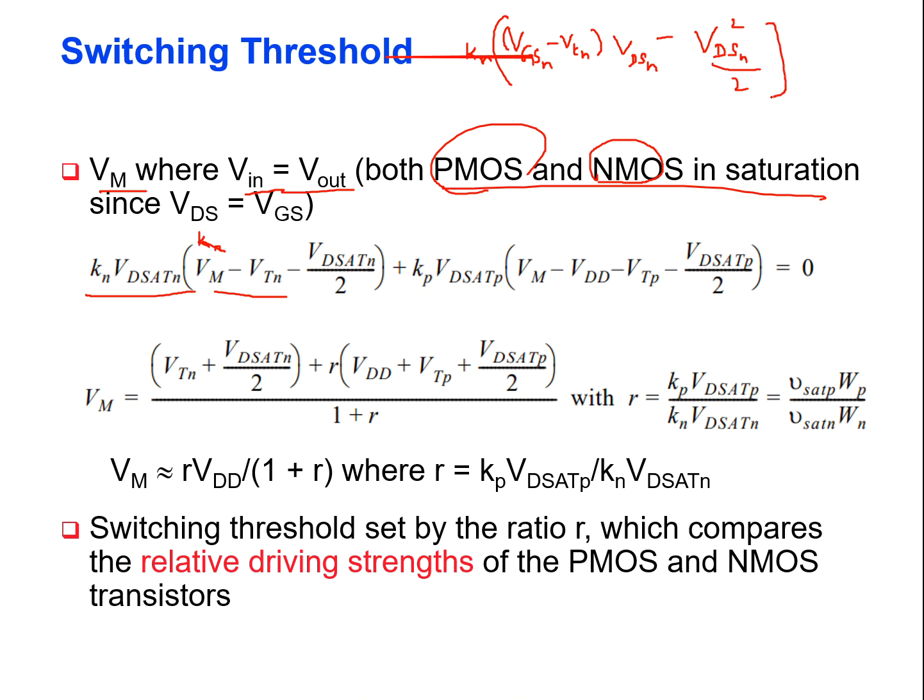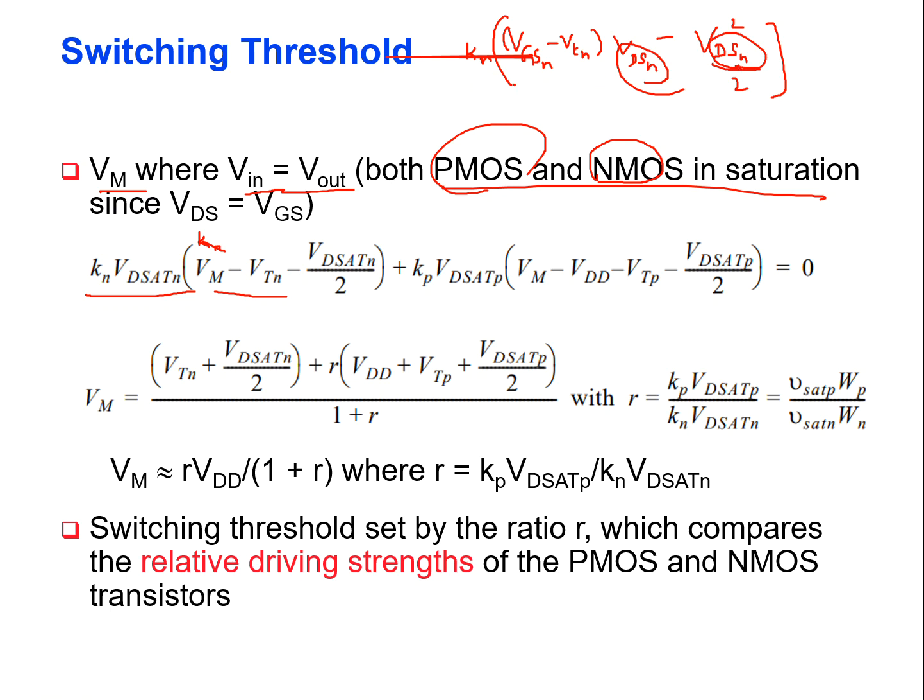Now as both are in saturation, this one is for non-saturation, right? For saturation, this is entering into VDS saturation, and this is also entering into VDS saturation. That is another equation that we derived for saturation voltage. This is the saturation current.